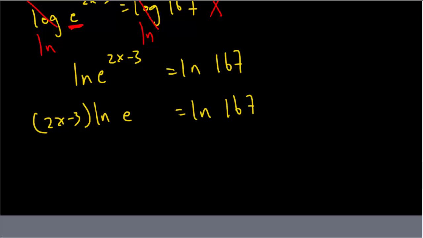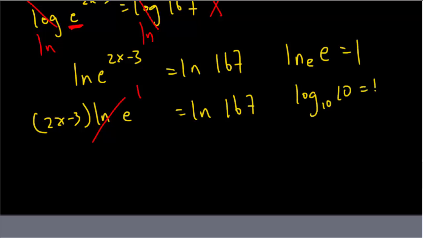Now ln e is just equal to 1, because the natural log exists on base e, and e to the power of 1 is e, just like log base 10 of 10 is equal to 1.